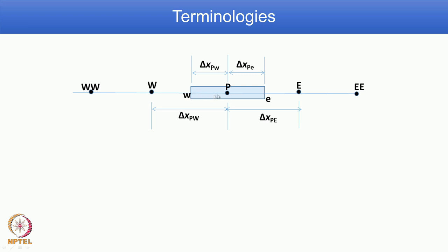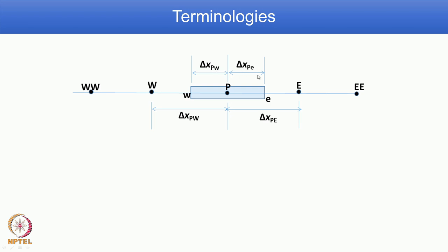Then a control volume is constructed around the node of interest. In this case the full color shaded portion is a control volume, and the left side surface is shown here as W, small case w. Similarly, the east side surface is shown here as small e. Distance between node P and the face, because it is one dimensional in x direction, we say it is delta x subscript P w.